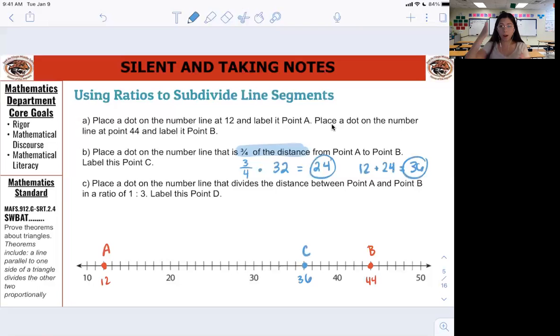Tell me on what number on the number line, where am I physically putting point D? Okay, send me your answers privately if you're not sure about them, and then we'll talk about it together.